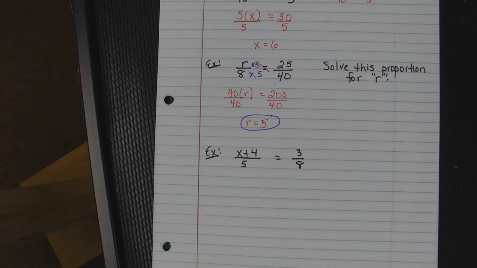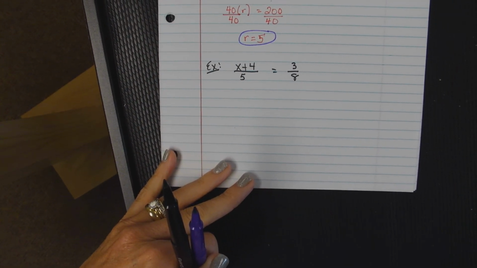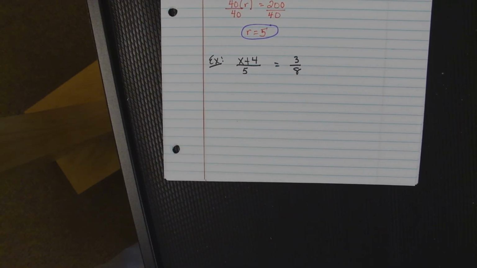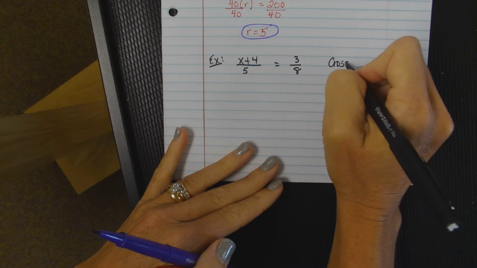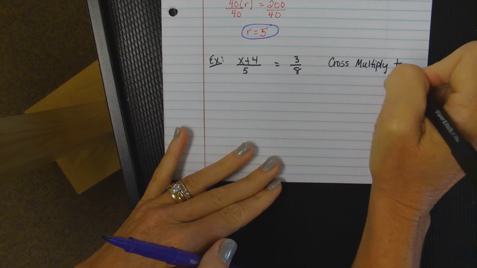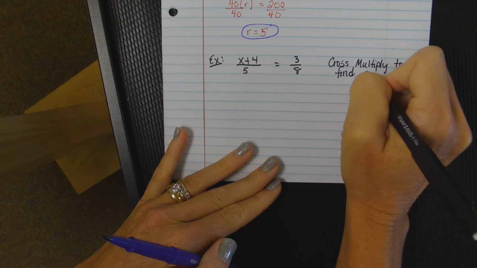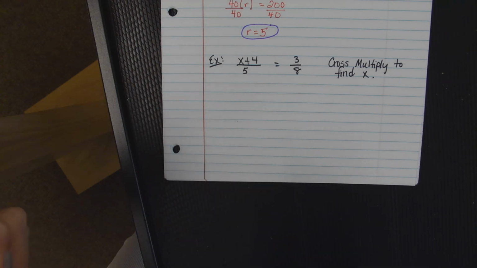X plus 4 over 5. Let me scoot this up for you. Is that good? X plus 4 over 5 equals 3 over 8. Cross multiply to find X. And you will need to distribute that 8, okay?